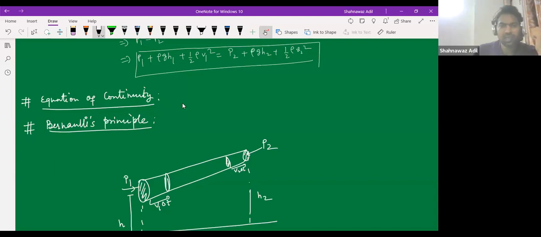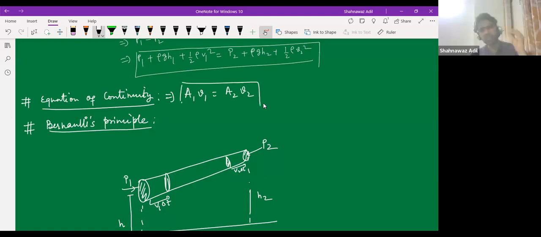A1 V1 is equal to A2 V2. Yeah, absolutely right. This is the equation of continuity. It states that the mass flowing in and the mass flowing out are equal in the steady flow.